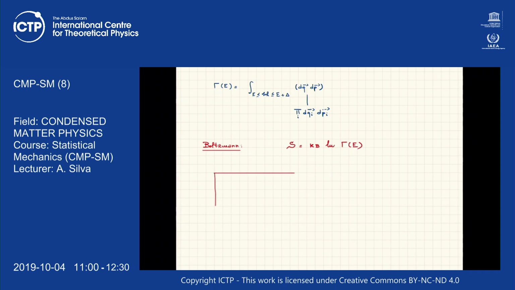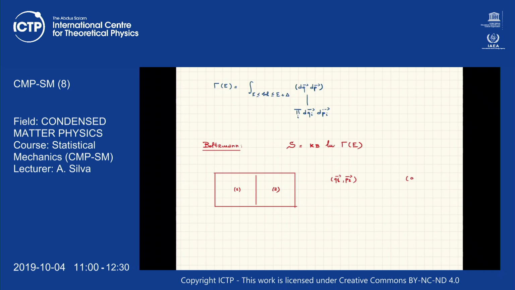Well, let's take a system that is divided into two parts. Let's say 1 and 2. In volume 1 there are some particles with generalized coordinates Q1 and P1.